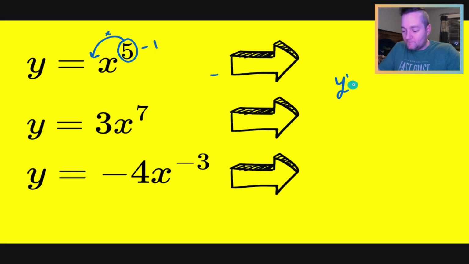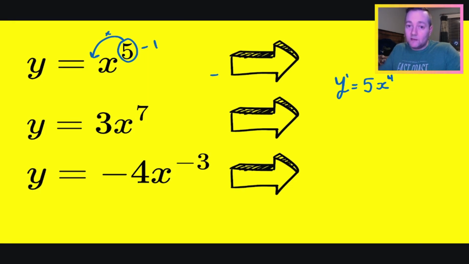So y prime equals, and the 5 is down in front, so y prime equals 5. We rewrite our x just like that, and then we subtract 1 from the exponent, so it becomes exponent 4. So y prime equals 5 x to the 4.